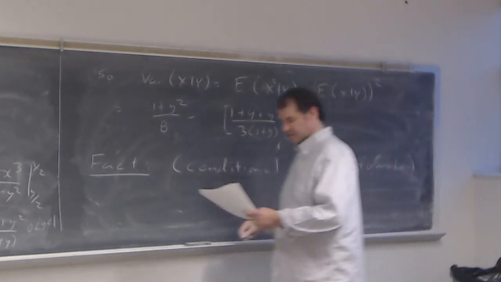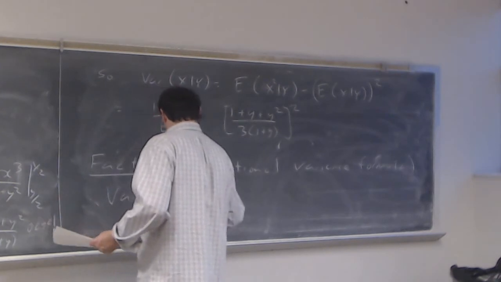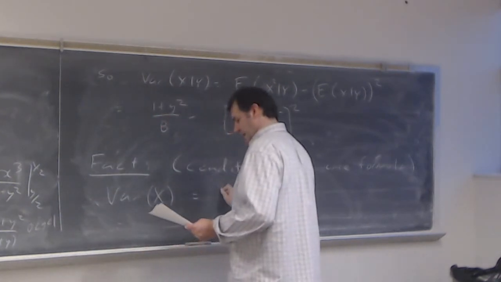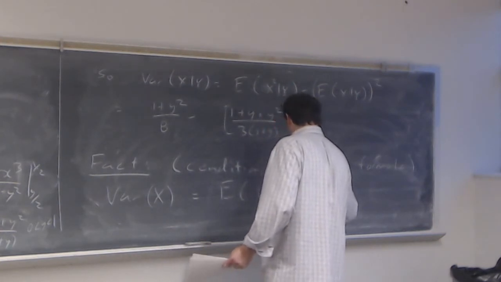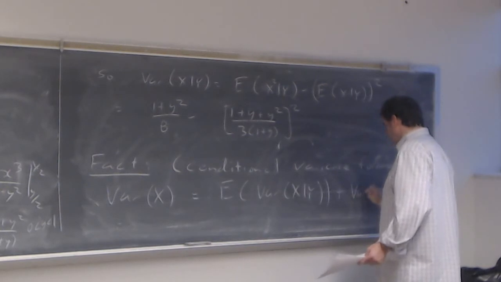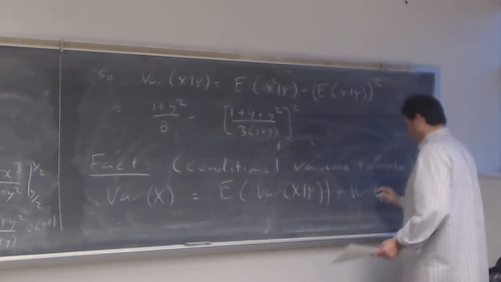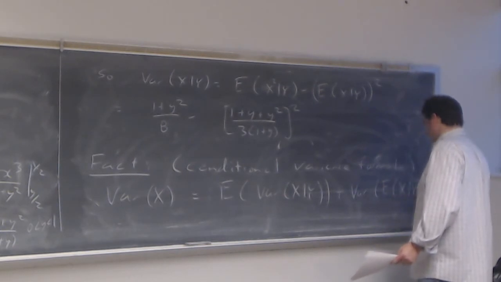Here's what it says. The variance of x is equal to the expected value of the conditional variance of x given y, plus the variance of the conditional expectation of x given y.